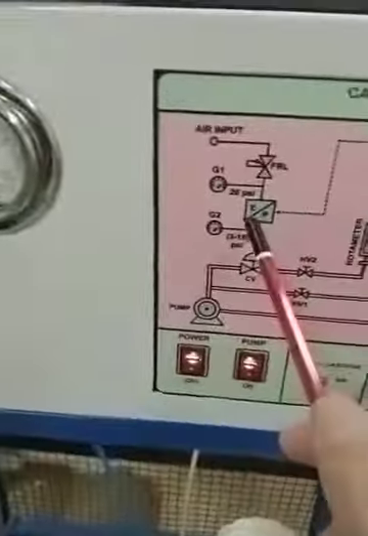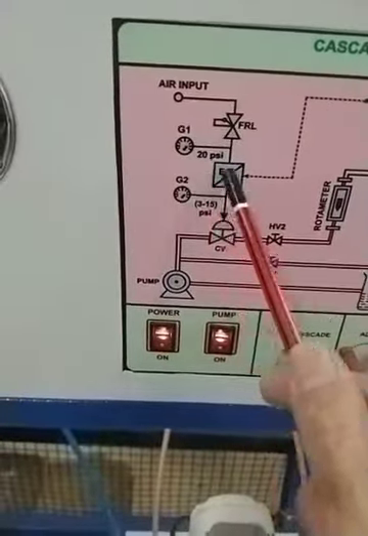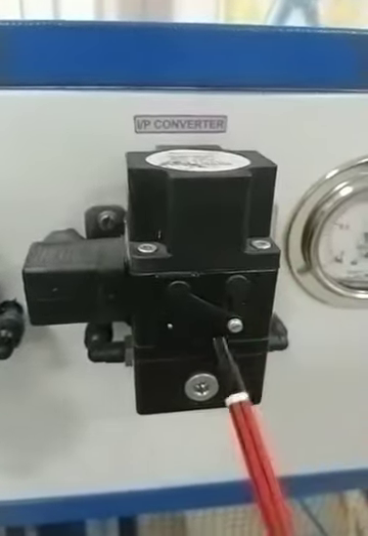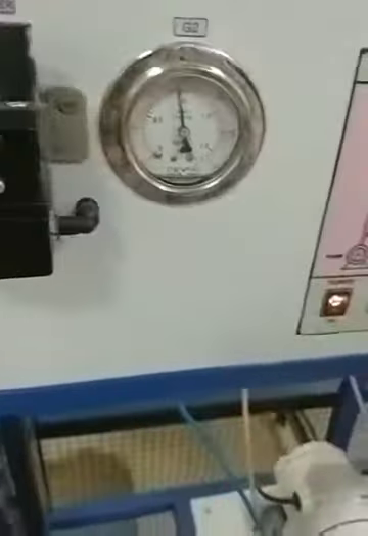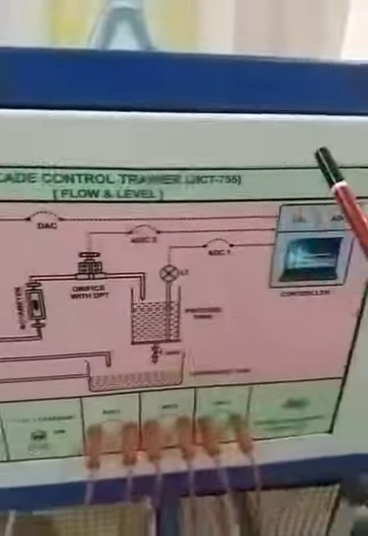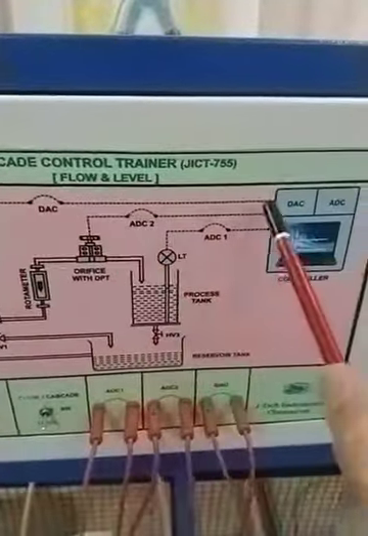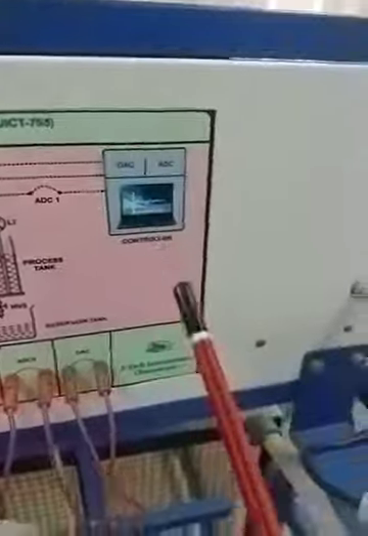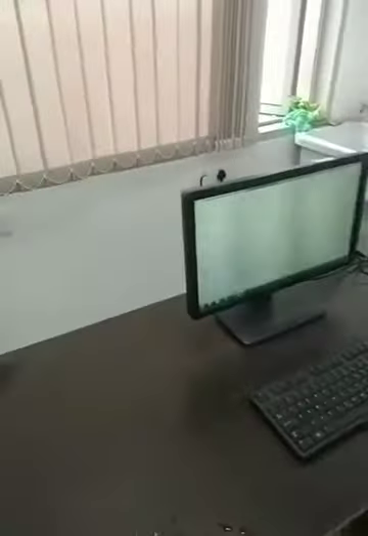And we have one E to P or I to P converter that is going to convert the current to pressure, and this is that E to P converter, or you can call it I to P converter. So all the things which are connected over here, they are connected to a computer, right, which has the control part. So this you have already seen, and this is the computer.